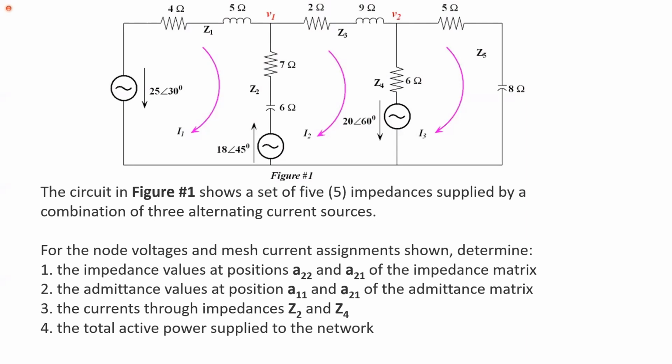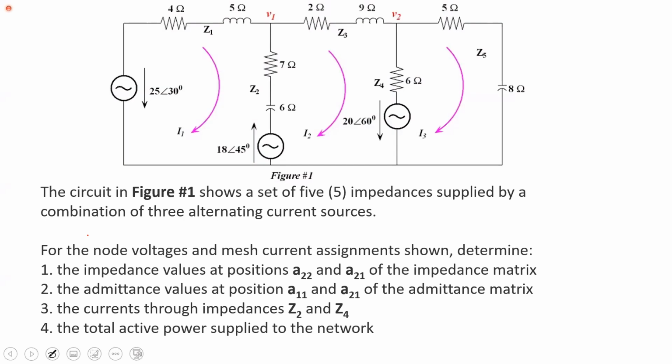All right. So first thing we want to do is to form the matrices. So for our impedance matrix, which is what part 1 asks you to determine, let's do that. For my matrix, within mesh 1, we have Z1 and Z2. So it's simply add them.